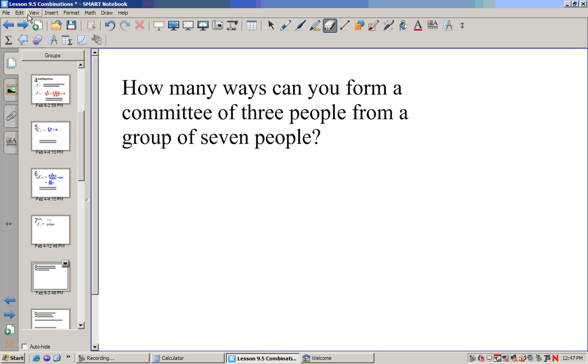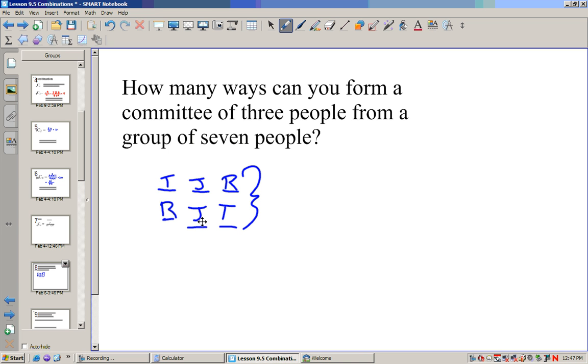Now we use this for situations like this. How many ways can you form a committee of 3 people from a group of 7? Now in this group of 7, it doesn't matter how you choose that committee of 3. If I do Tom first, and then John, and then Rich. If I choose Rich, John, and then Terry, or whatever T was, I forgot what I even named them, these would be considered the same combination.